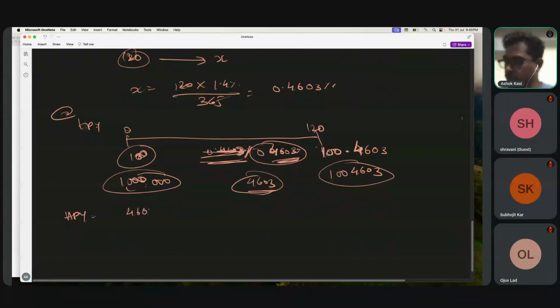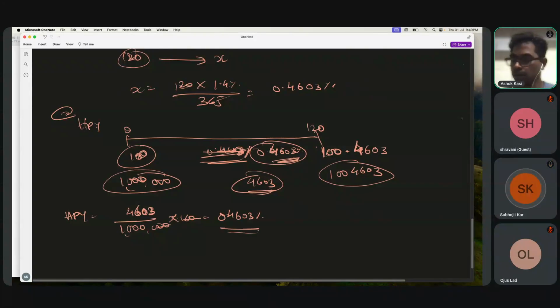Profit is 4603 divided by future value, 1 million, into 100. This will be 0.4603 percentage only.